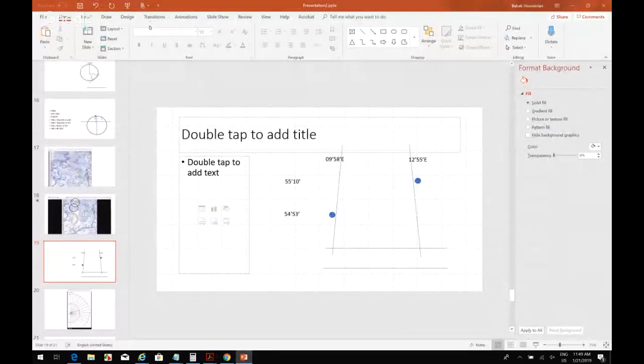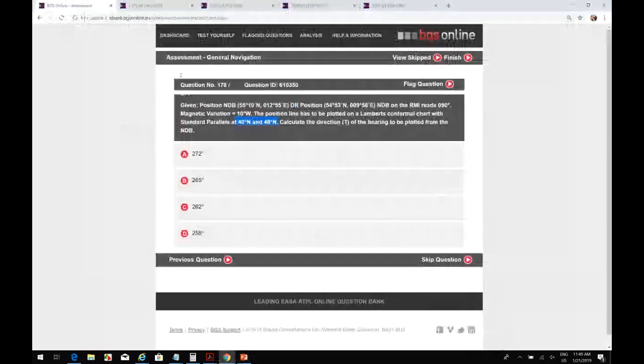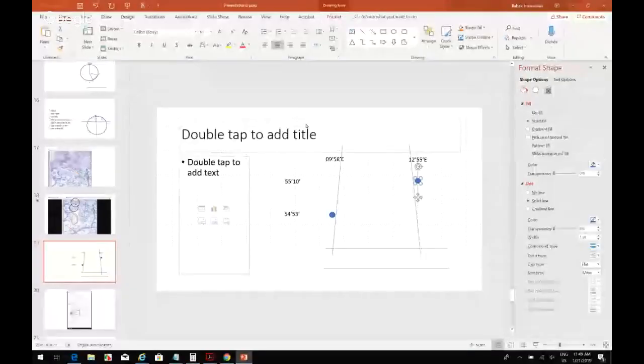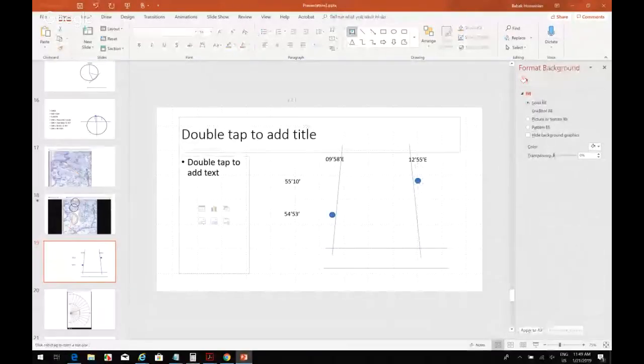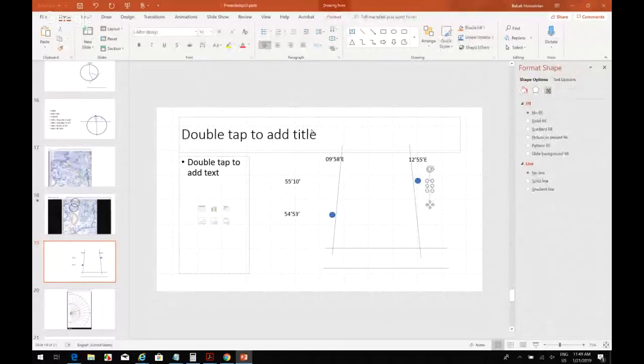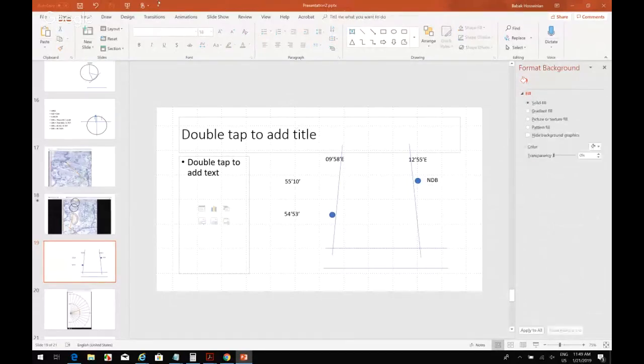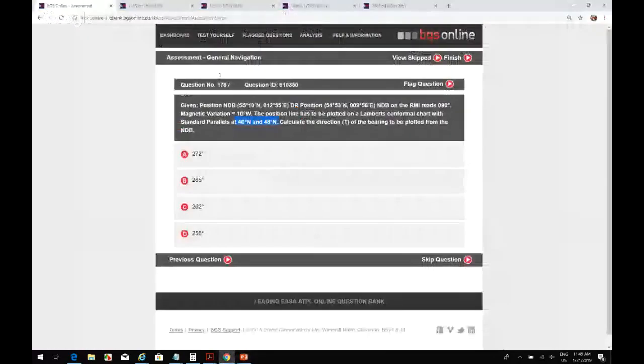So which one is the NDB? This is the NDB here, and the dead reckoning position is that.